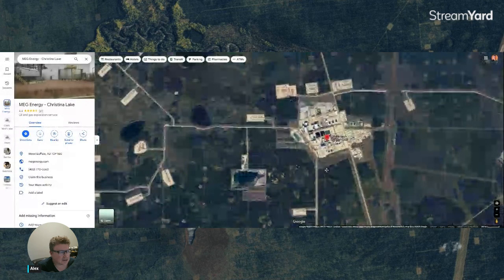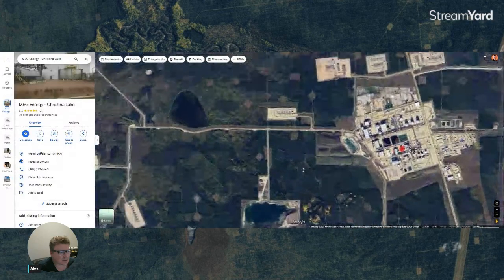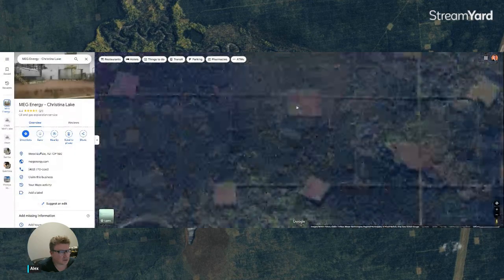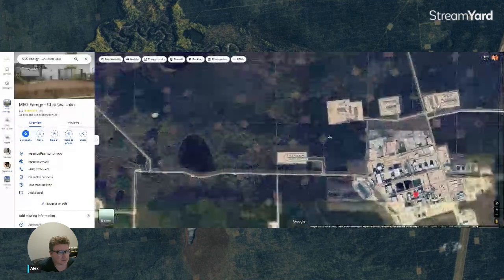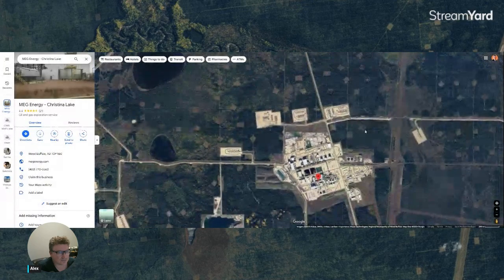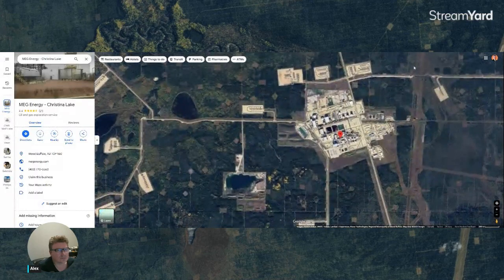So what do you guys think are those little squares? If you can see my mouse, what are those areas? What could it be? Any ideas? Let's think in terms of, let's say, seismics, right?